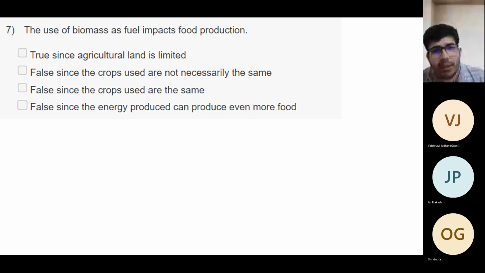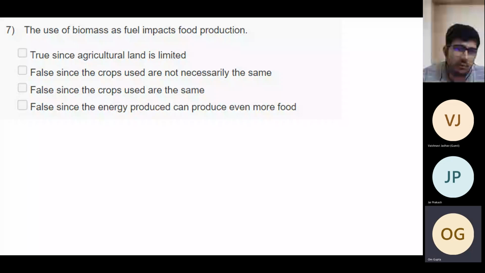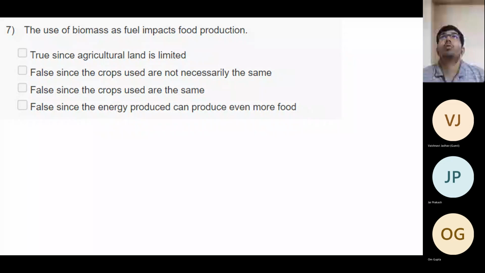Just don't go in a broad way. It is clearly mentioned that the use of biomass as fuel. Suppose you are using the biomass for biofuel production, then is it impacting the food production? Just suppose there are 10 farmers. Those 10 farmers are giving the food supply to particular villages. Those villages are directly dependent on those farmers only.